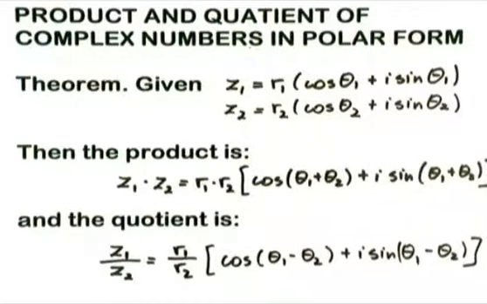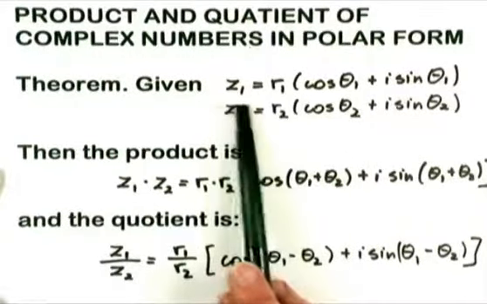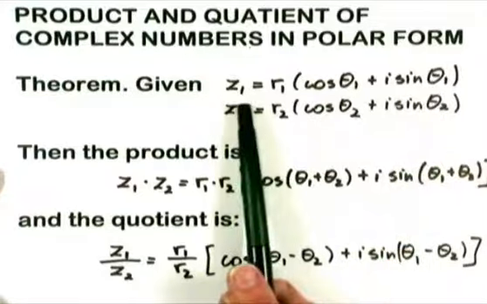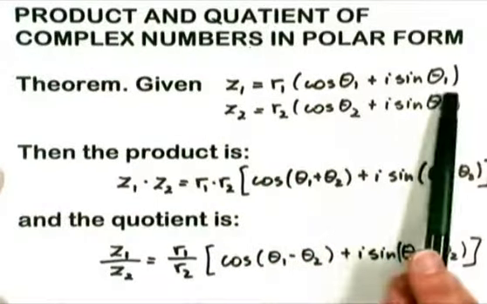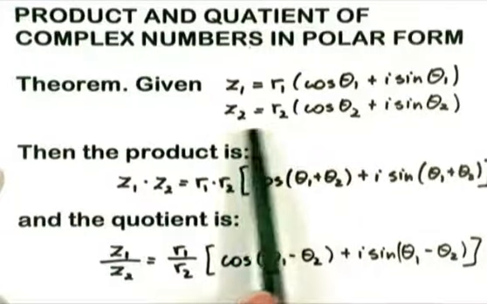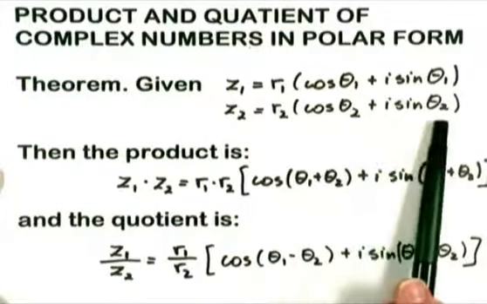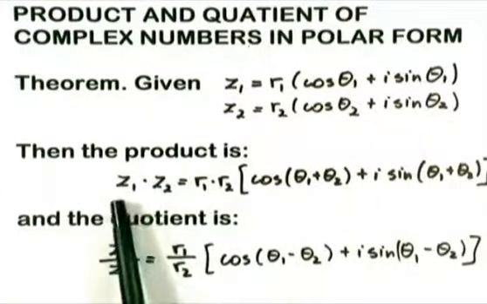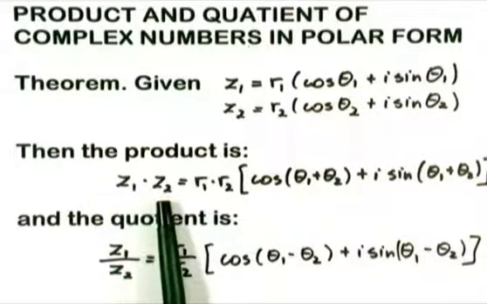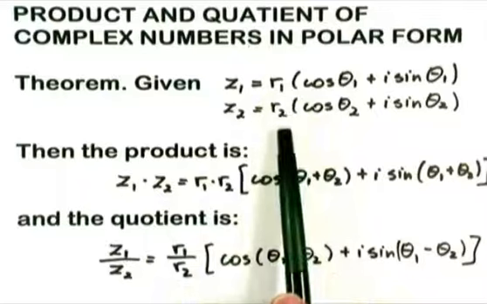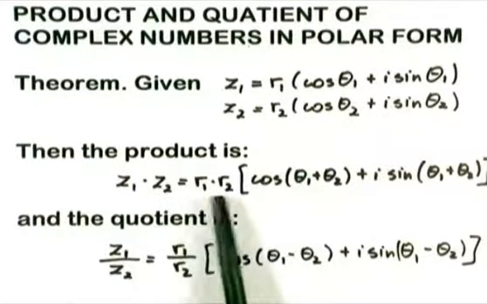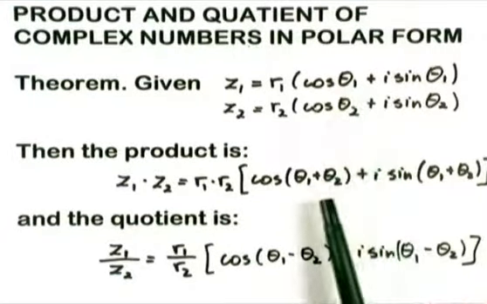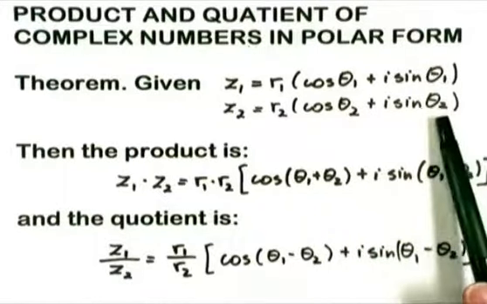So we have a theorem, and it says if one number z1 is equal in polar form to r1 (cos theta 1 plus i sine theta 1), since we call it the first number, we denote it with subscript 1, and the second number with subscript 2, r2 (cos theta 2 plus i sine theta 2), then the product z1 times z2 is given by multiplying the r's, r1 times r2, and we add the angles: cos (theta 1 plus theta 2) plus i sine (theta 1 plus theta 2).